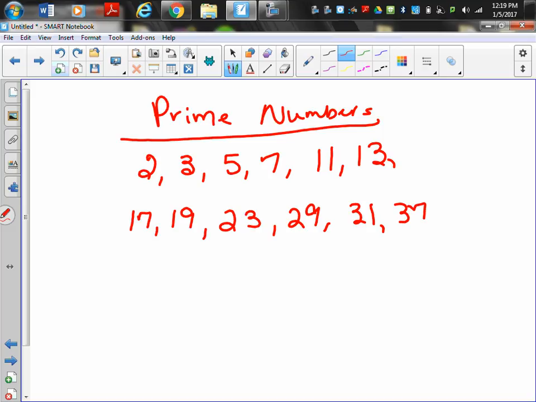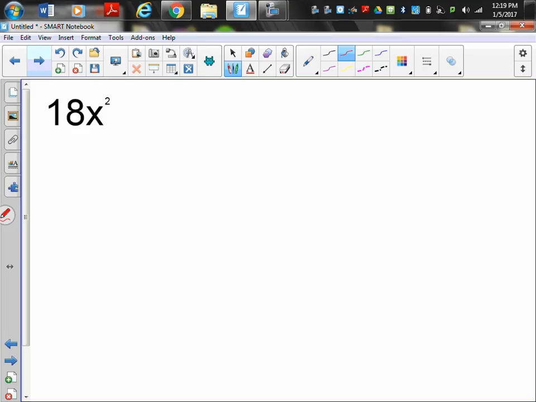All right, so let's look at the first problem. Our first problem is 18x squared.